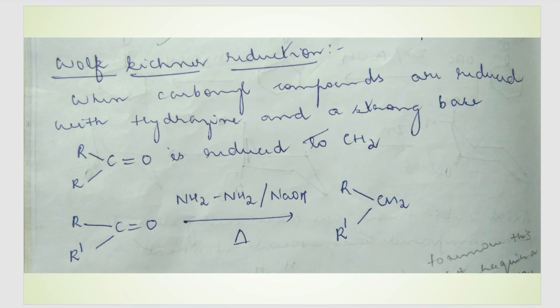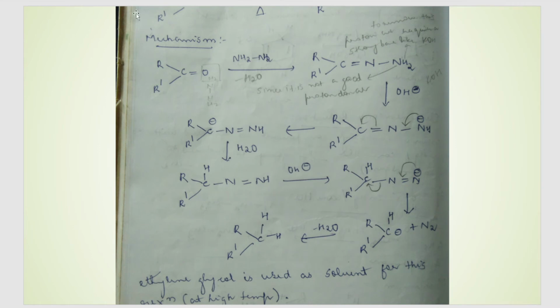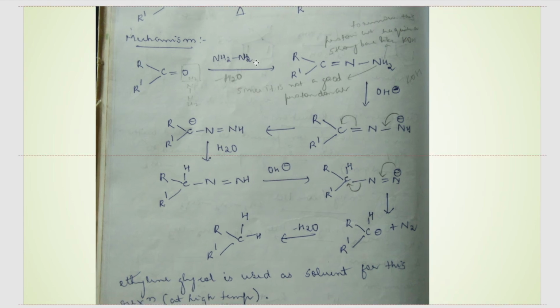Next, how is the reaction mechanism of the Wolff-Kishner reaction? First take your ketonic group, and in step number one we are taking hydrazine, that is NH2-NH2. NH2-NH2 attacks the carbonyl carbon, and one of the H2 from here will go out and oxygen will go out from here.